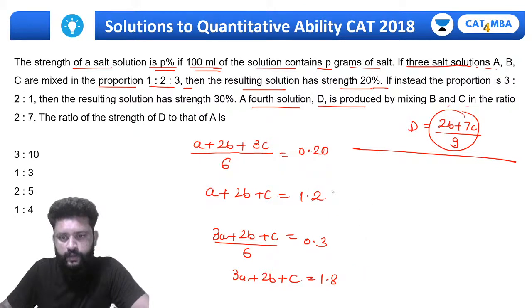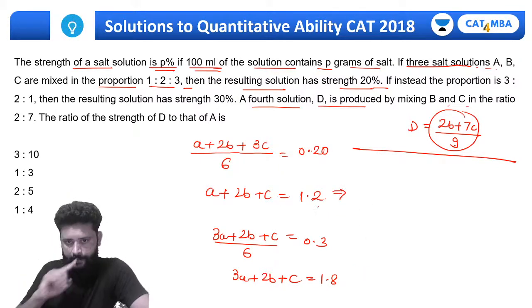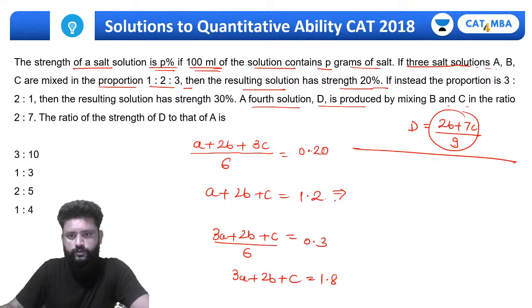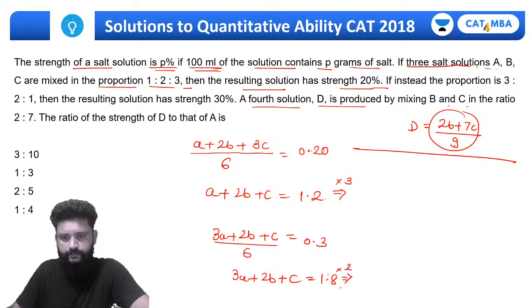Let me see. If I take this as 1.28, so I'll just double this and double this, I get 6A plus 4B plus 2C is equal to 3.6.